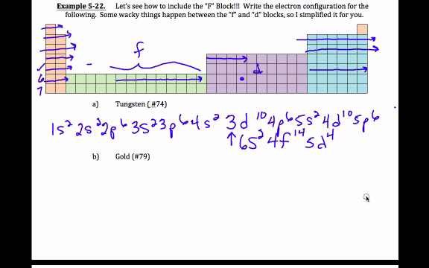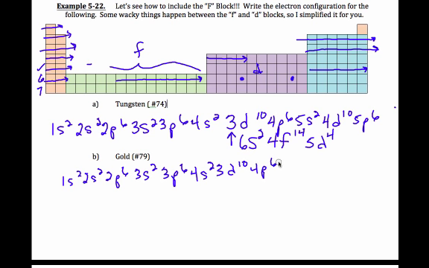Okay? Now let's try gold. Gold is right here. So basically gold is the same thing. So it's 1s2, 2s2, 2p6, 3s2, 3p6, 4s2, 3d10, 4p6, 5s2, 4d10. Do you follow the periodic table?